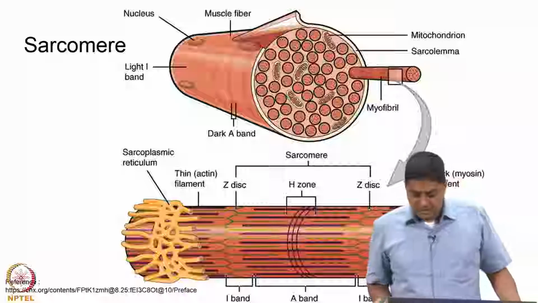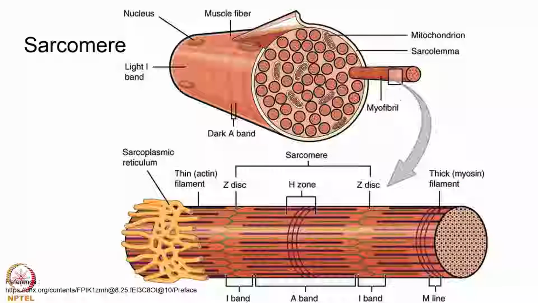So, you see that is a myofibril, and when you zoom in to the myofibril, you see there are dark bands and then there are light bands, typical of skeletal muscles. So, skeletal muscles are also called striated muscles, as in having stripes.